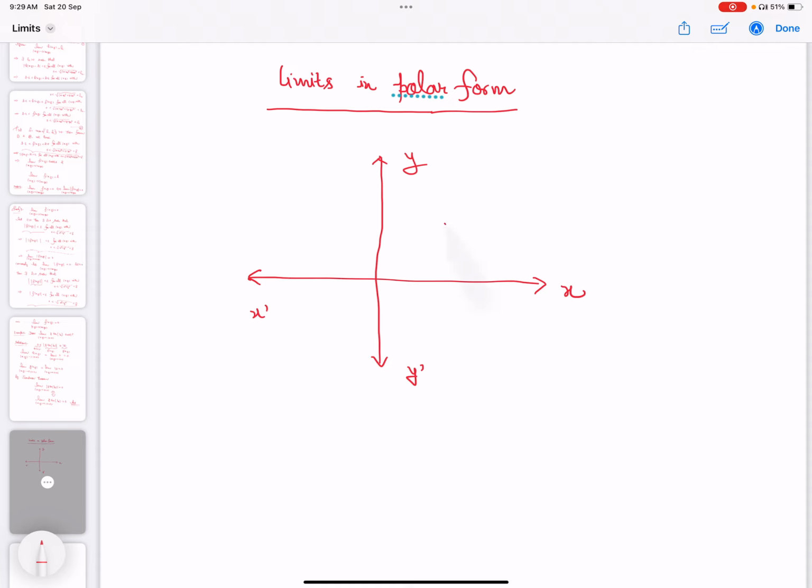If we have any point (x, y) here, then to reach this point we have to travel x distance on the x-axis and y distance on the y-axis. Where these two meet, that is the point (x, y). The angle made by this line with the x-axis is theta, and this is the radial distance, which is a non-negative distance.